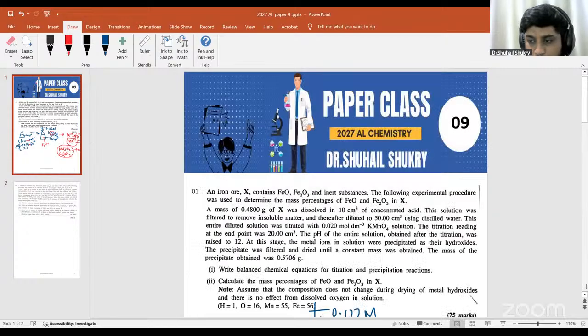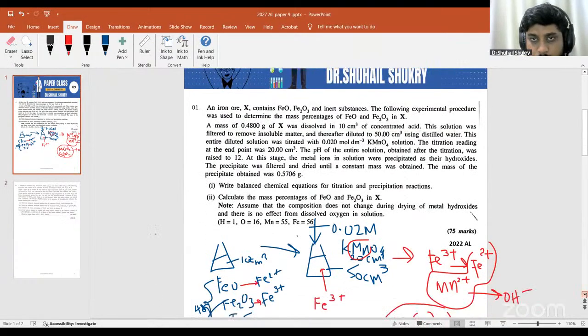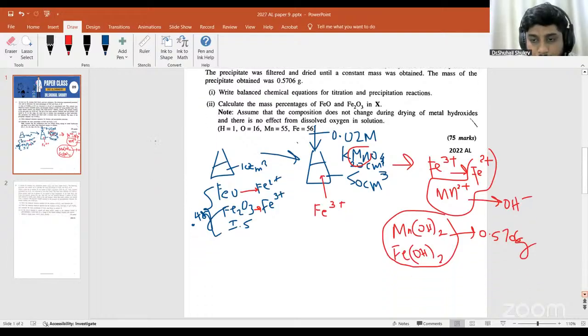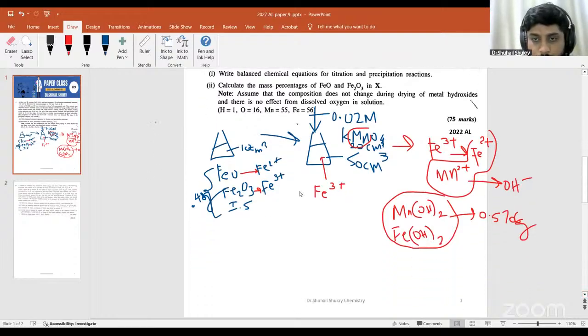The first balanced reaction is whatever Fe2 plus is here reacting with KMnO4, because Fe2 plus will go to Fe3 plus. Therefore, whatever remaining is Fe2 plus only going to Fe3 plus. It's oxidation. So Fe(OH)3 and manganese hydroxide are the precipitates.